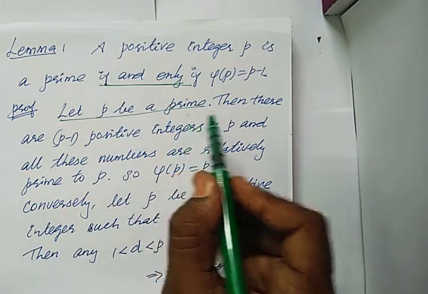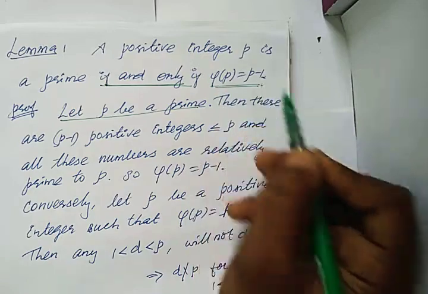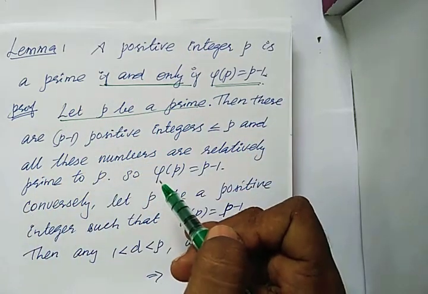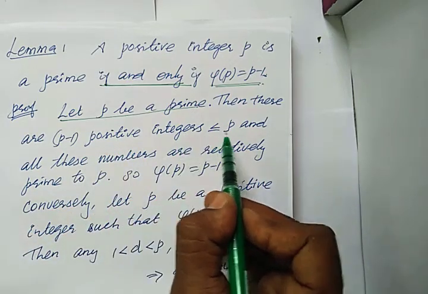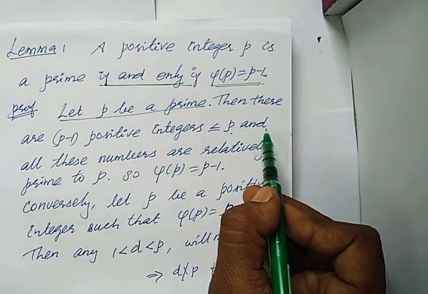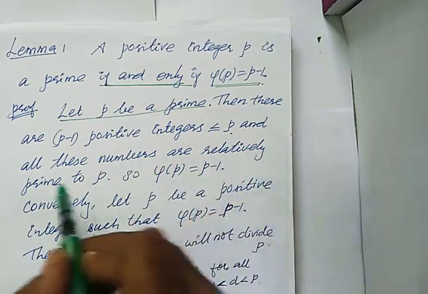Now what do we have to prove? Let p be a prime number. Then there are p minus 1 positive integers less than p, namely 1, 2, up to p minus 1, and all these numbers are relatively prime to p.